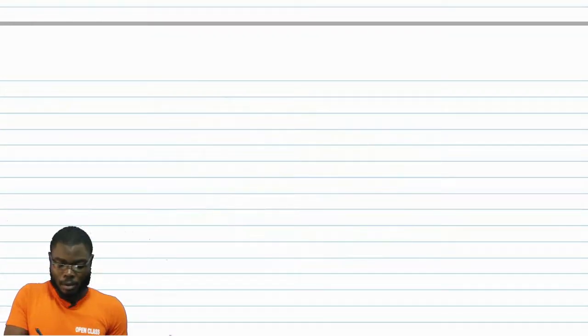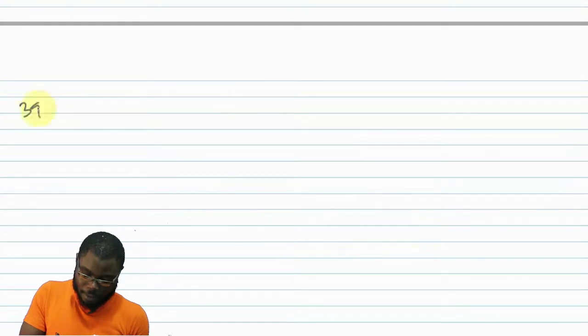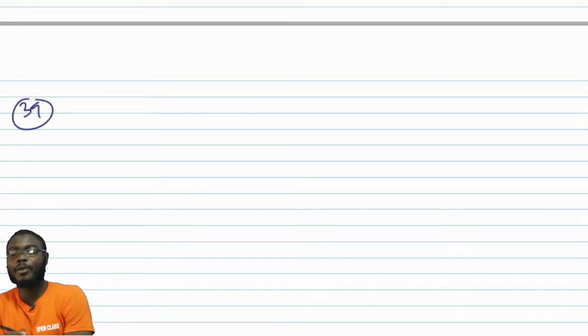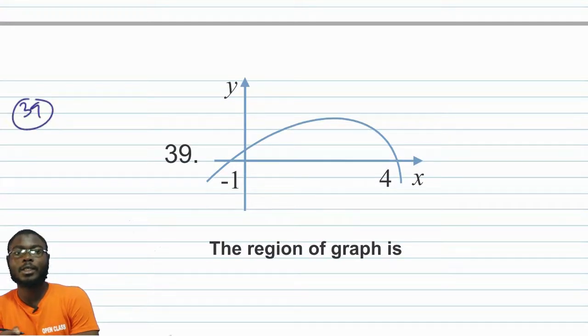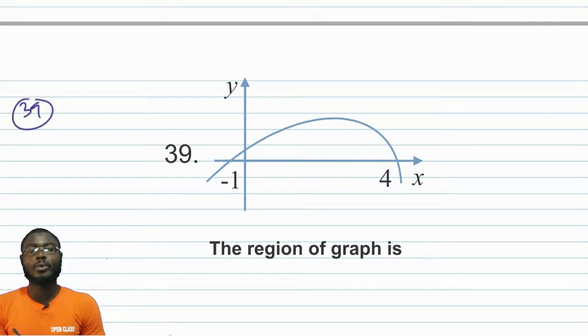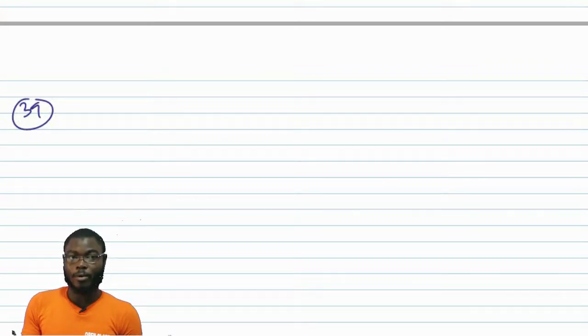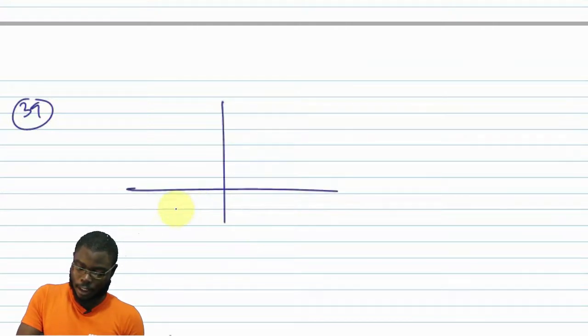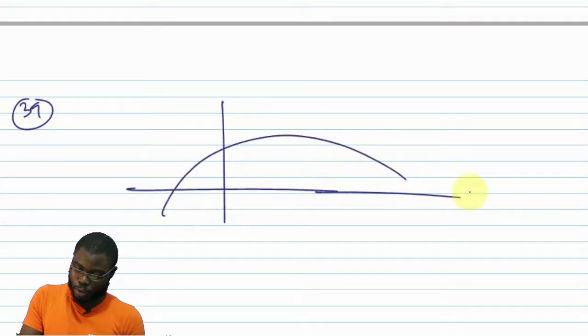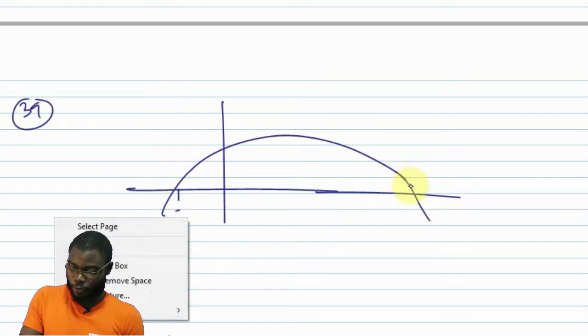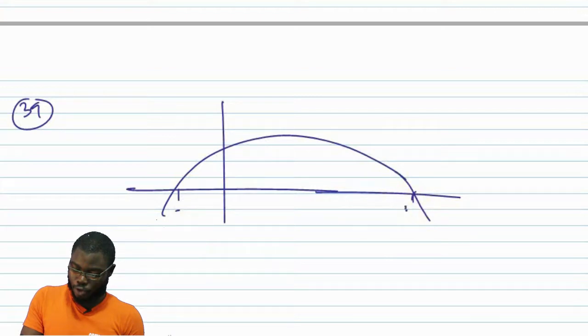Okay, next question. Next question is 39. So we're given a region. The required root is what? This is really very straightforward. You have your graph, and it's passing through minus 1 and 4, where this is the x-axis and this is your y-axis.